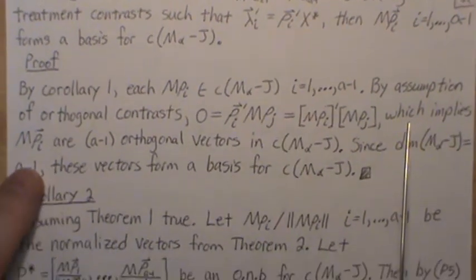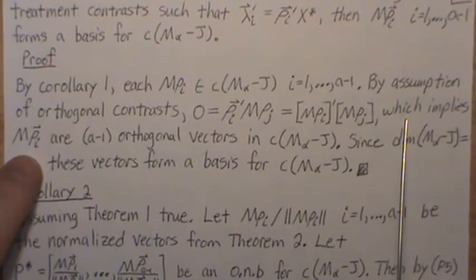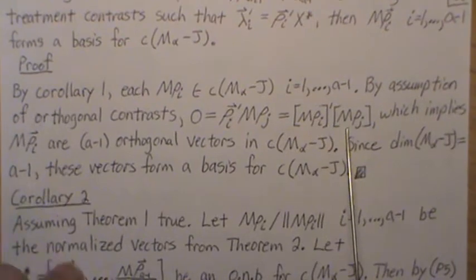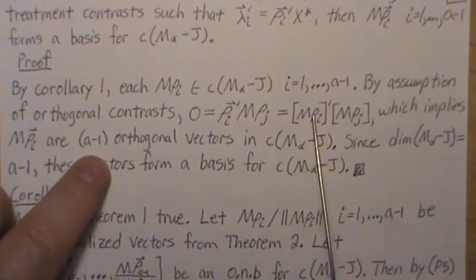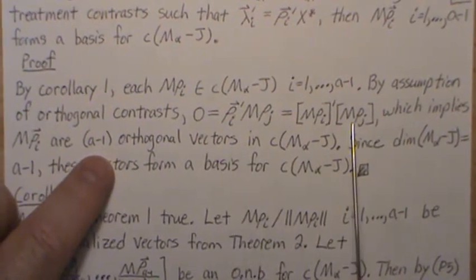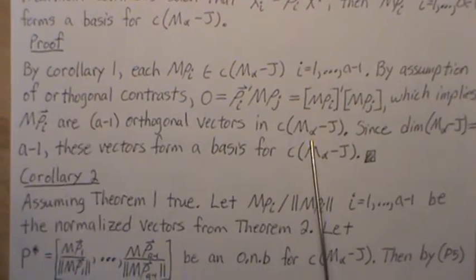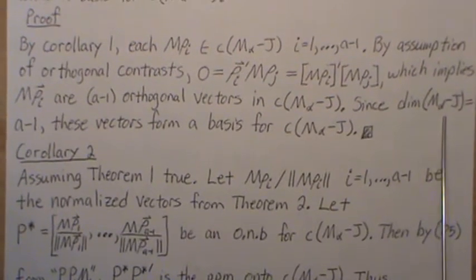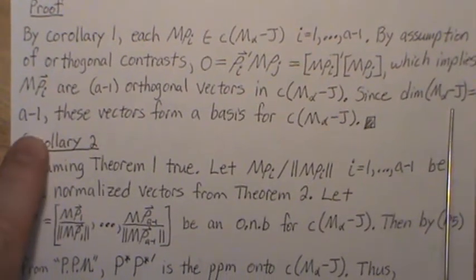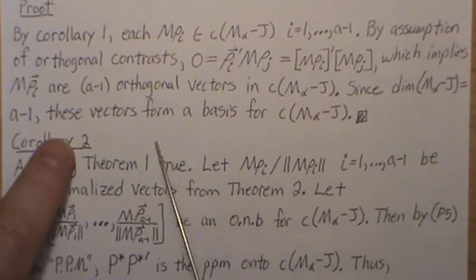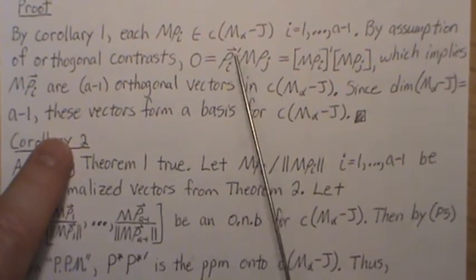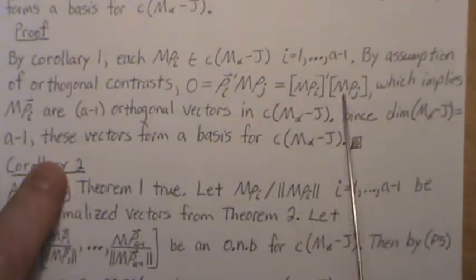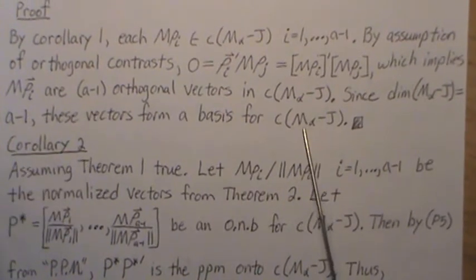But this implies that this set of vectors M rho I are orthogonal, right? Each one of them is orthogonal to all the other vectors in this column space. But since the dimension of this column space, M alpha minus J, is A minus 1, that means these vectors form a basis for this column space.